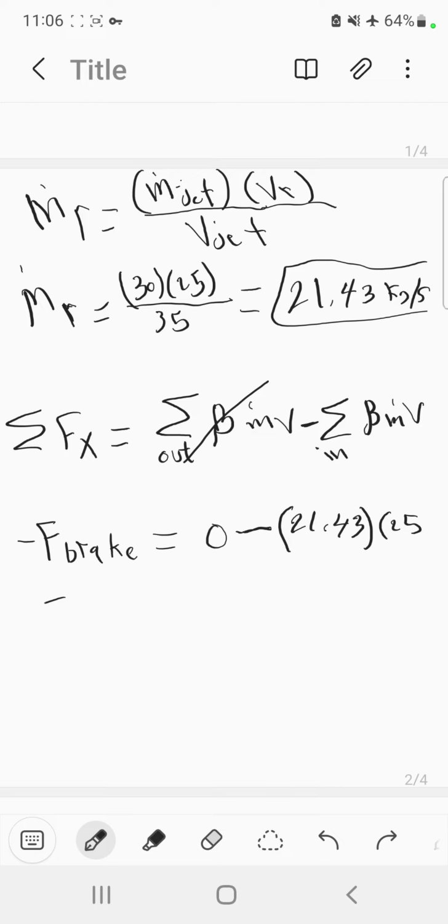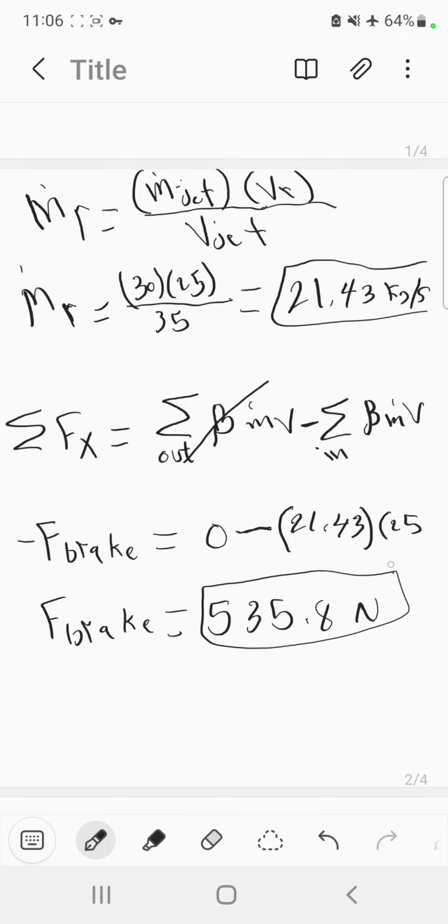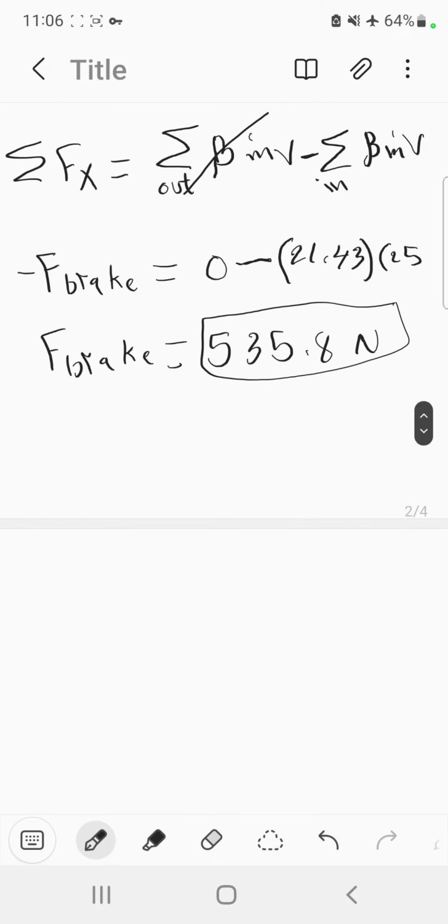So F brake, the force on the brake, is going to be, minuses will cancel, 21.43 times 25, and we get 535.8 Newton. Okay, so our first question is solved. We found the F brake.